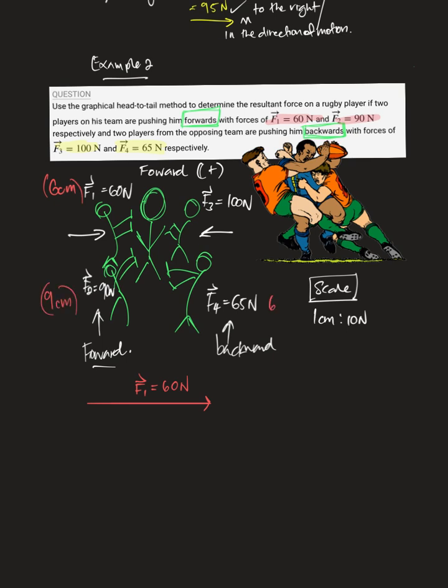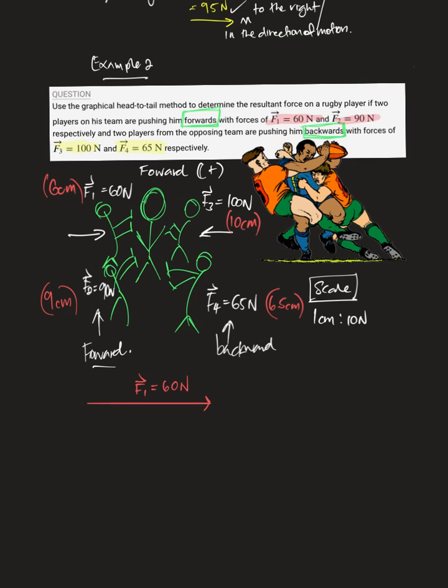If it's 65 newtons, it's 6.5 centimeters. Guys, this has to be accurate, because I will actually take a ruler and measure if you are being accurate according to your scale. So please don't pull the wool over my eyes. All right, that's F1.